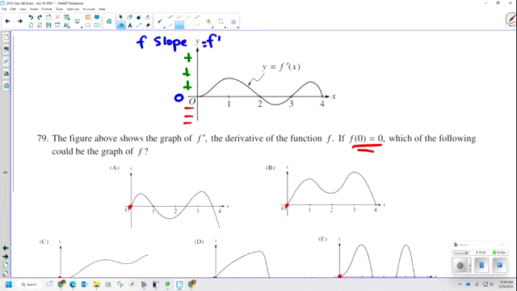So let's take a look here. Every part that's green is a positive slope. If it's blue, where it touches here and here, it should have a slope of 0. And where it's red, it should have a negative slope, then 0 slope again, then back to a positive slope.